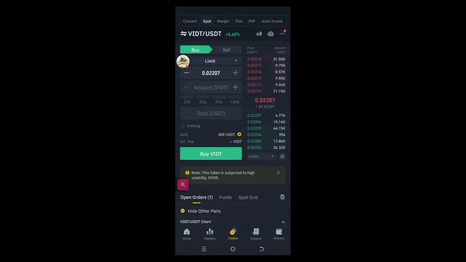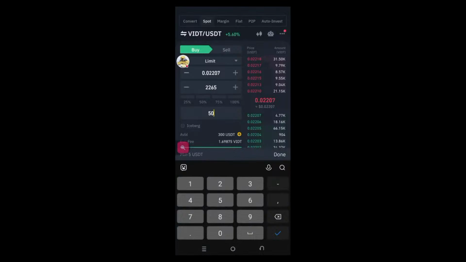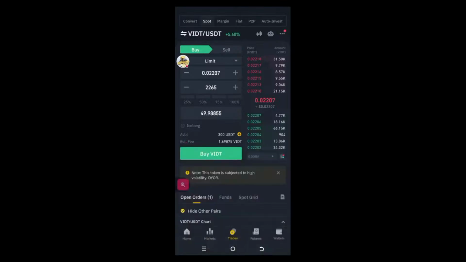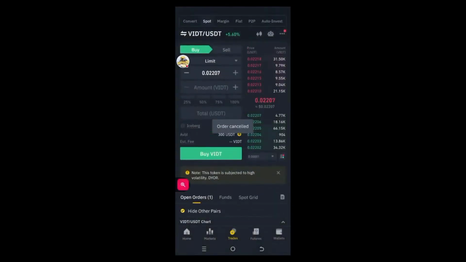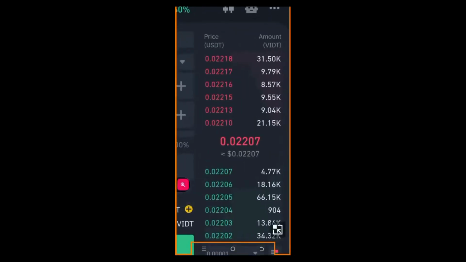Let's put in $50. Okay, let's see. Looks like it's in the queue, but I can cancel that. Okay, that means it wants me to buy at a higher price, 2210.